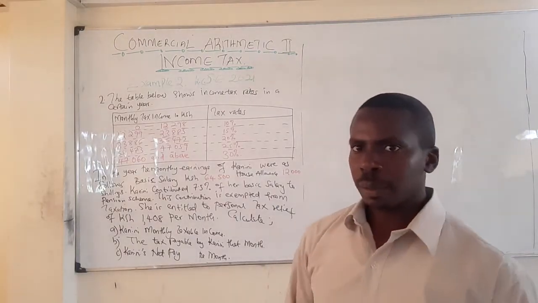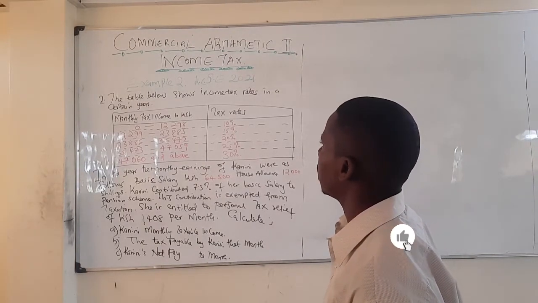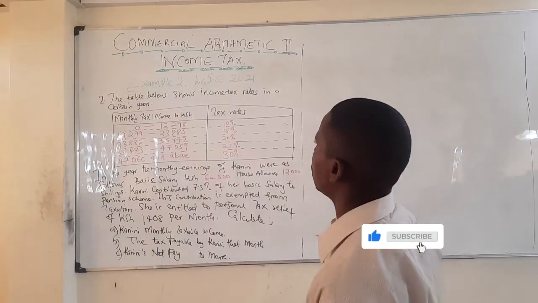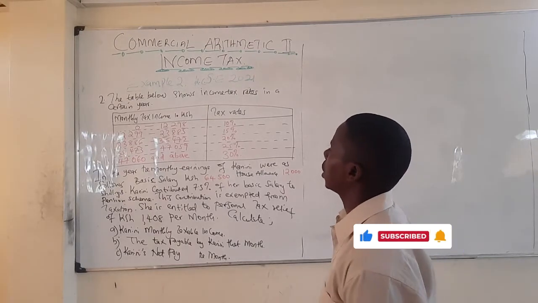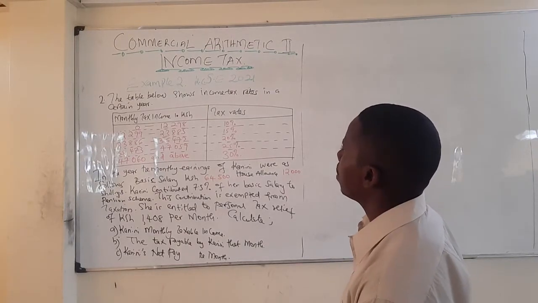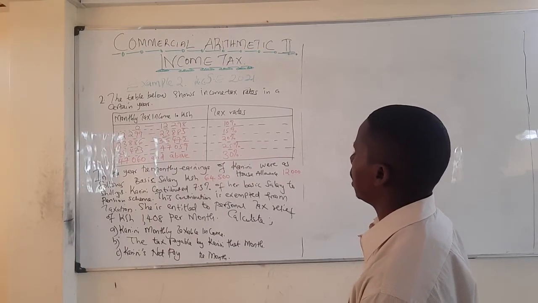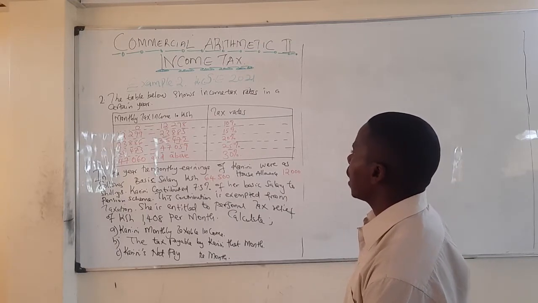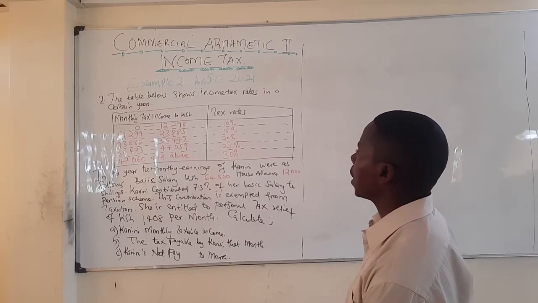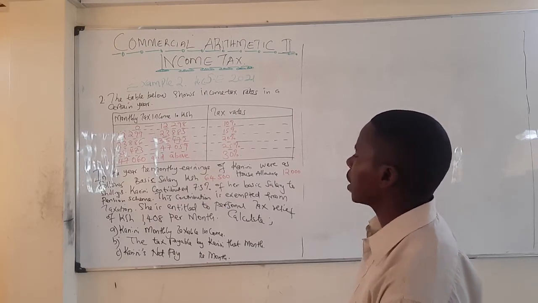Let's look at example 2, and it's a question that was done in KCSE year 2021. The question reads that the table below shows an income tax rate in a certain year, the monthly taxable income in Kenya shillings, and then the tax rate. Then the questions: in that year, the monthly earnings of Kanini were as follows: basic salary 64,500 shillings, and house allowance 12,000 shillings.